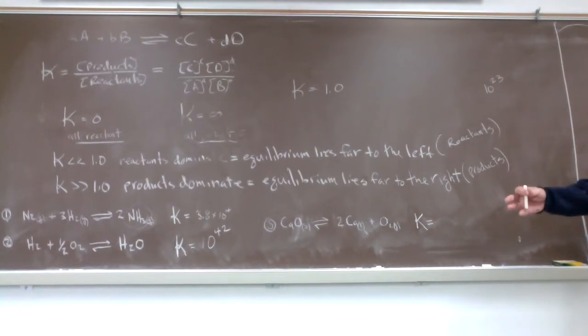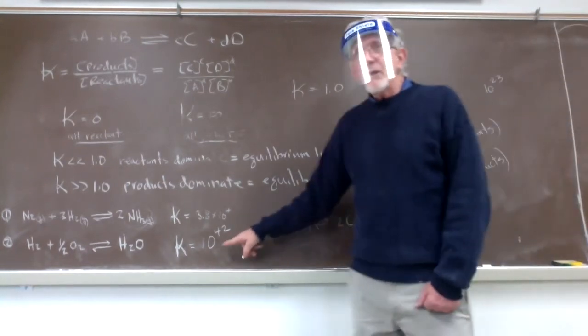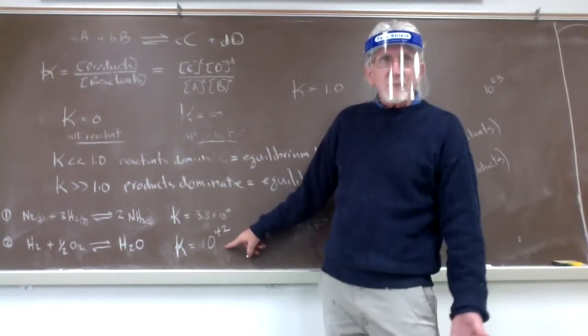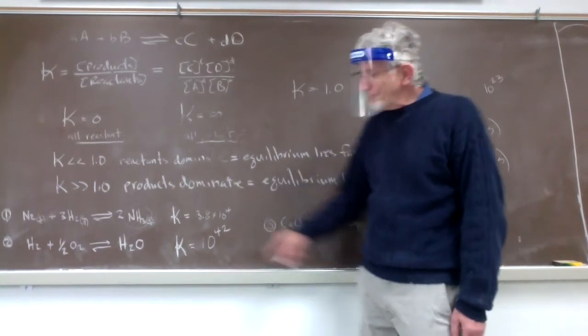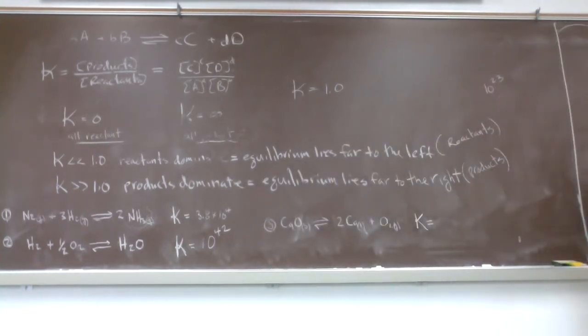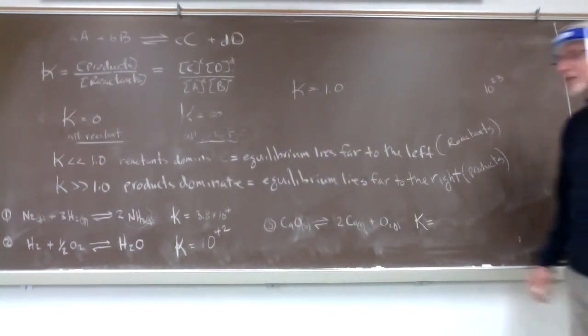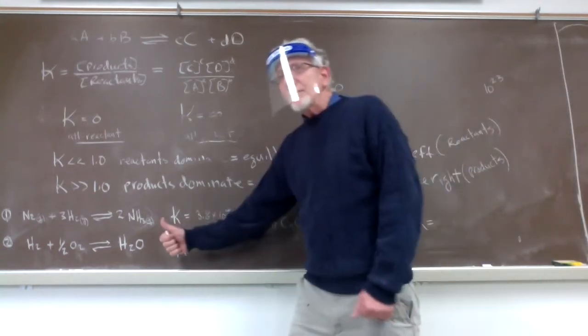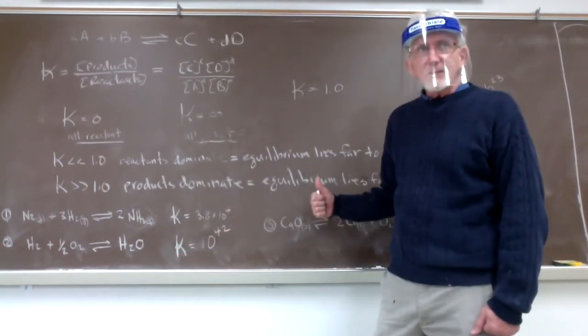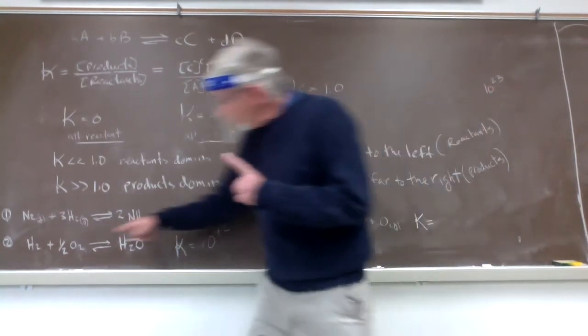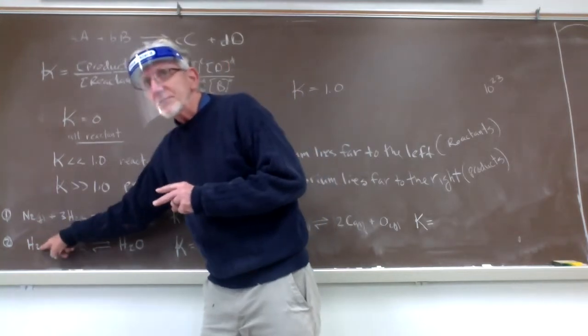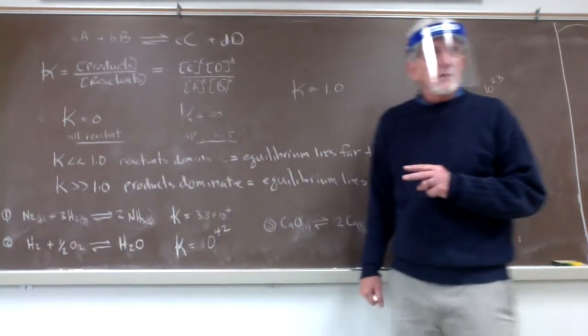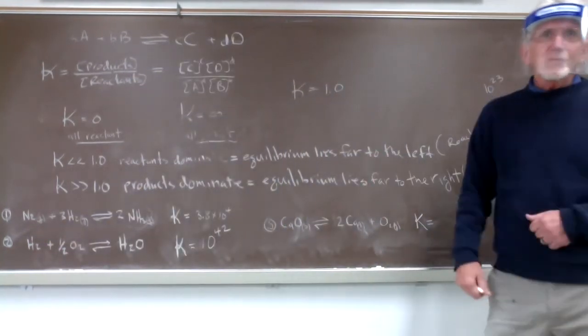That's a huge number. This is what, 20 magnitudes greater than that. Therefore, this is a huge number. The equilibrium is shifted far to the right. Good luck finding even one oxygen molecule or hydrogen molecule at equilibrium. The reaction is so far shifted towards the products.